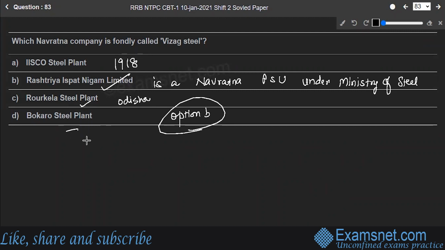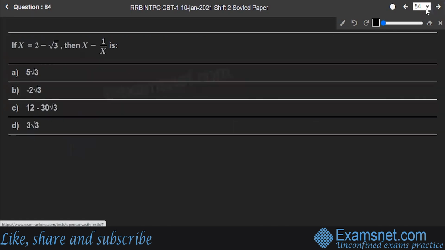Bokaro Steel Plant, it was founded on 29 Jan 1964. Fourth integrated public sector steel plant in India, built with Soviet help. So we have option B as the correct answer. That's Rashtriya Ispat Nigam Limited. Next is question number 84.